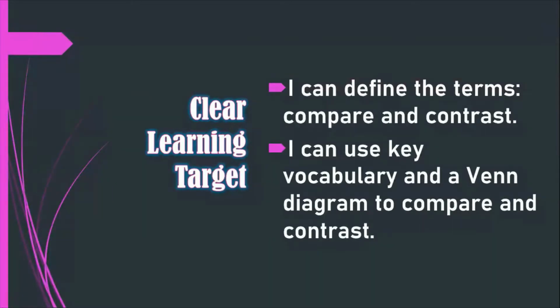That's what we're trying to accomplish. At the end, my friends are going to read a passage, and you are going to use a Venn diagram to compare and contrast after reading the passage. Okay, so let's go ahead and continue with this.